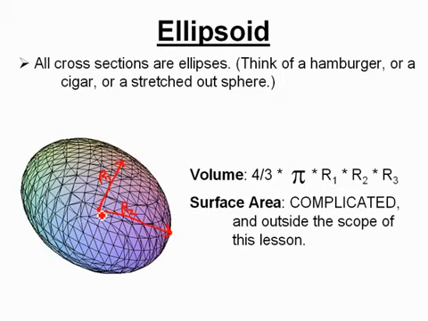And there's one that goes from the center out toward the viewer, R3, out of the screen towards us. If you take 4/3 times pi times R1 times R2 times R3, you'll get the volume of your ellipsoid. And if R1, R2, and R3 are all the same, then it'd be 4/3 pi R cubed, and it'd be a sphere.